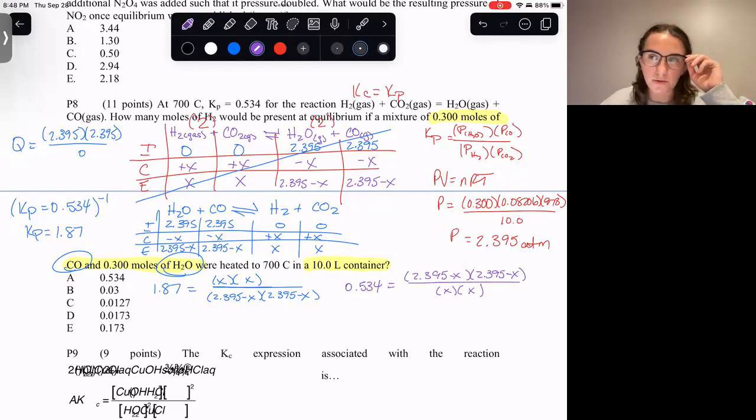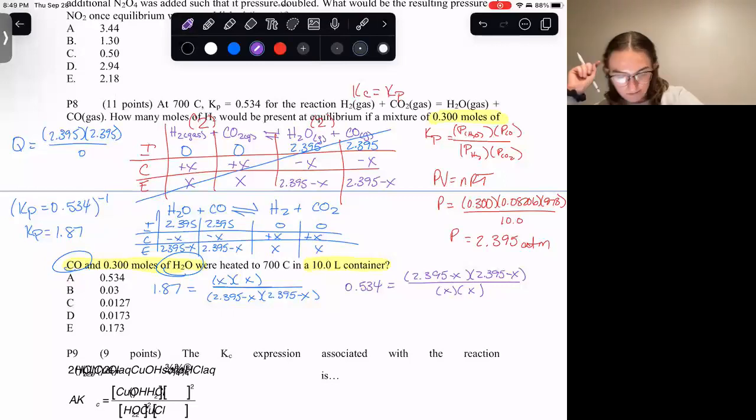Can we use our assumption rule here? Assumption, yes or no? Nope, we can't. Does anyone know the rule for the assumption?